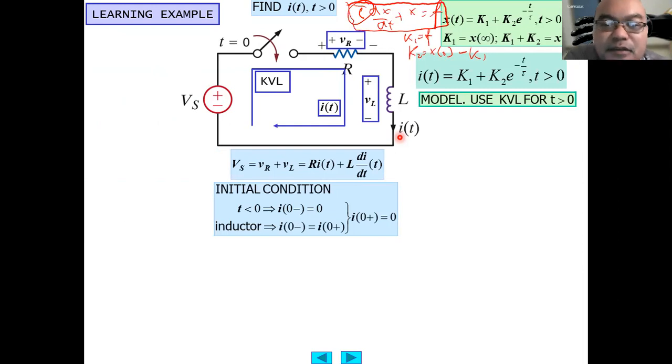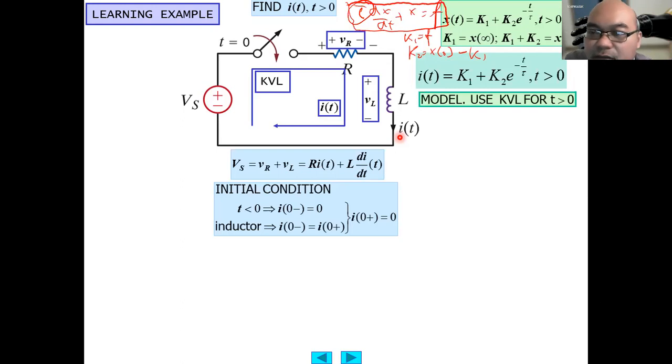So hence the initial condition for t less than 0. The current at t equals 0 from the left side, just before the switch is turned on, is 0. So it means no current is flowing through the inductor. In an inductor, you remember that current has to be continuous, while in a capacitance, voltage is continuous.